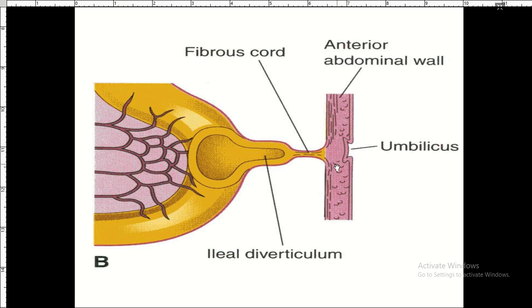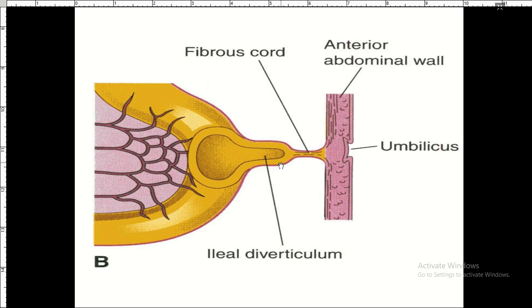What is important is this abnormality. It may occur in 2 to 4% of fetuses, and it can be found starting from the ileocecal valve.